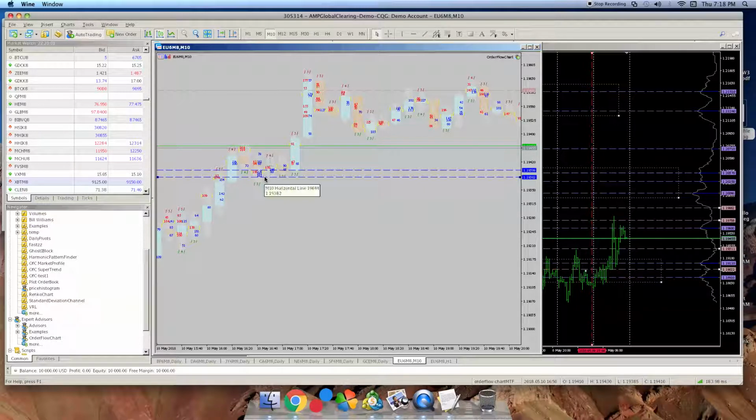That's the area. Once this bar generated this cluster of bias here, any attempt to test it, and eventually we are starting to see those aggressive bias here, that would be a trade setup to enter.